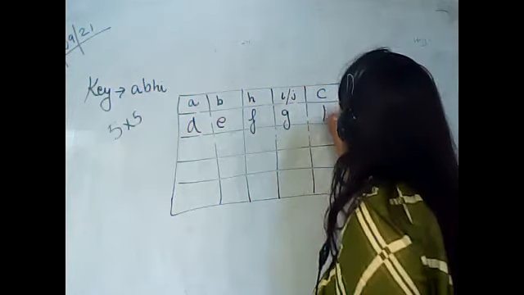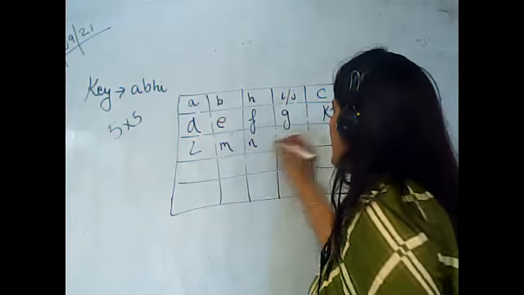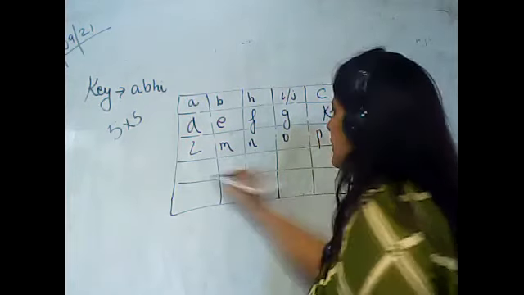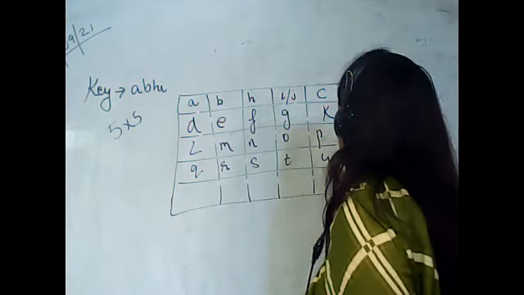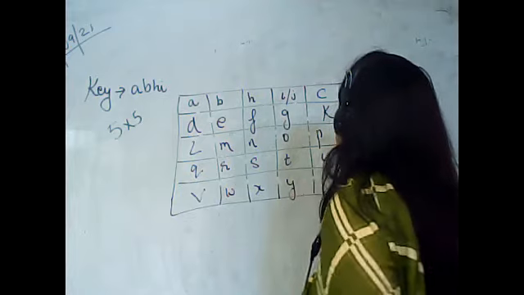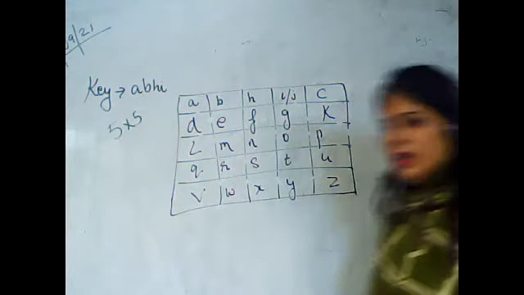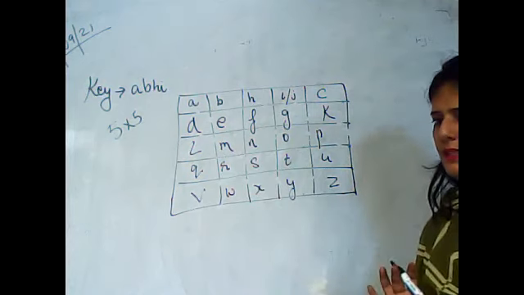Then K, L, M, N, O, P, Q, R, S, T, U, V, W, X, Y, Z. Okay, so see, we have included all the alphabets here like this.